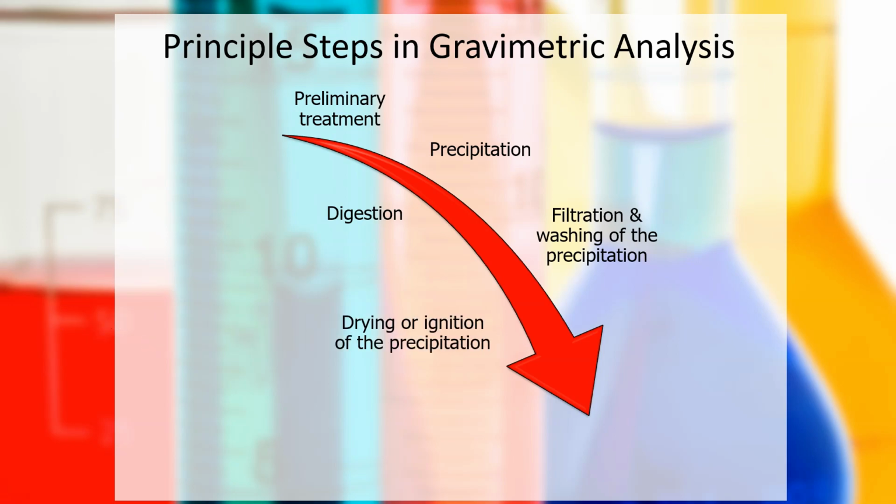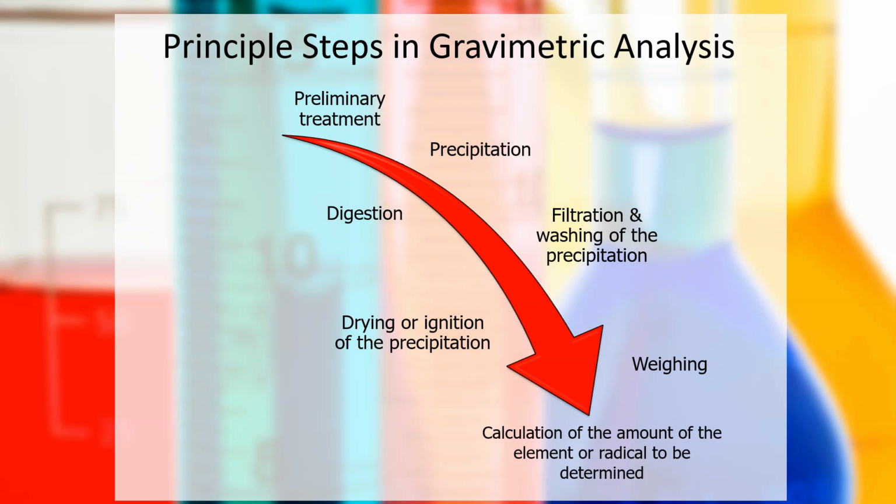The fifth one, drying or ignition of the precipitation. The second last is the weighing process, and the last principle involves the calculation of the amount of the element or radical to be determined. The explanation about each principle will be given in the next slides.